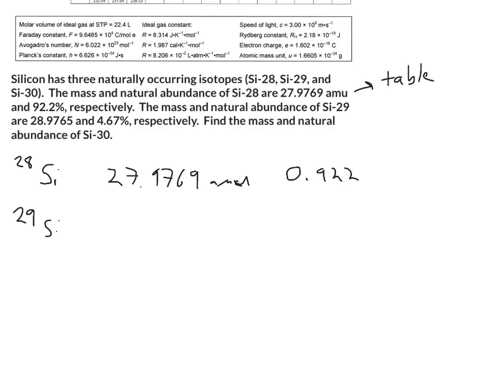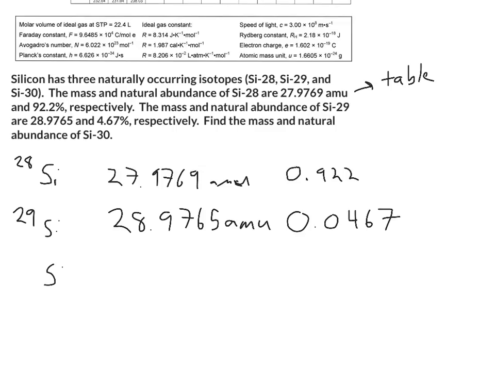Silicon 29, it's a weight of 28.9765 AMUs. And if we convert its percentage to a decimal, we get 0.0467. The question's asking us about silicon 30.